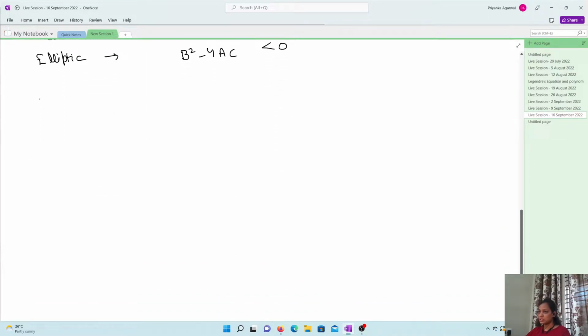Now let's see a problem where we have to classify the particular one-dimensional damped wave equation.